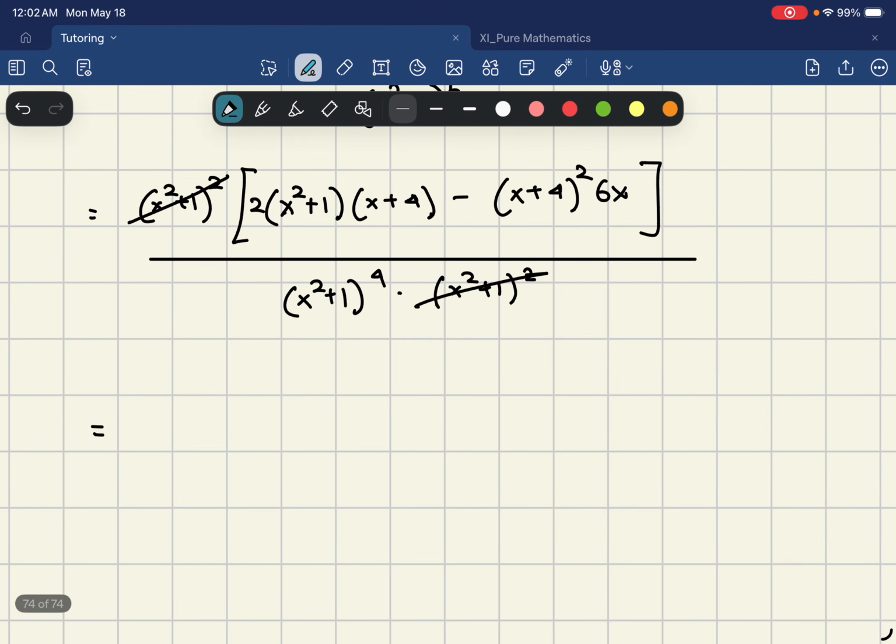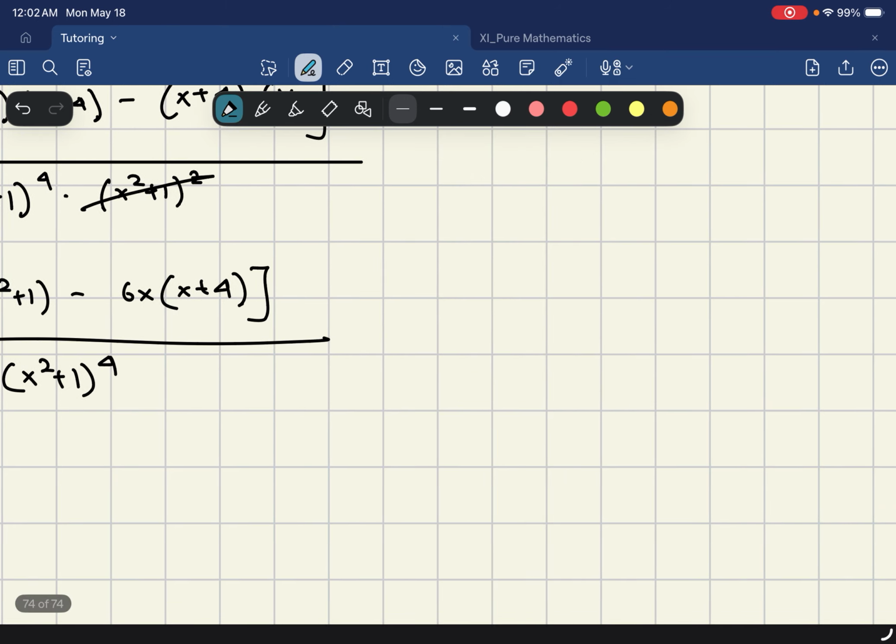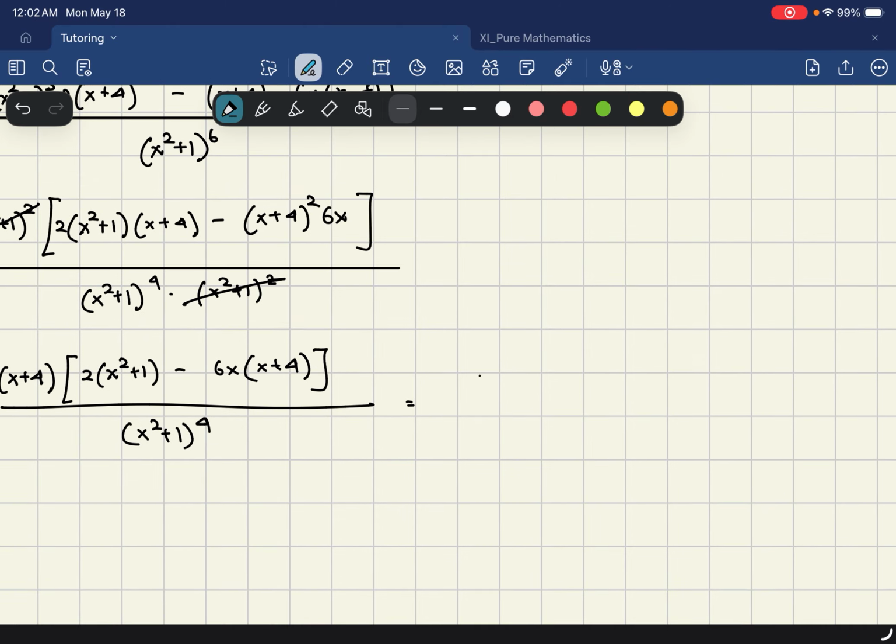And now, what else can I factor out from my numerator? Well, I can factor out the (x plus 4). If I factor out (x plus 4), I have 2(x squared plus 1) minus 6x(x plus 4) left in my numerator. And I have (x squared plus 1) to the power 4. Now I can simplify this a bit further. I have (x plus 4), and inside this big bracket, I have 2x squared plus 2 minus 6x squared minus 24x, if I multiply this inside.